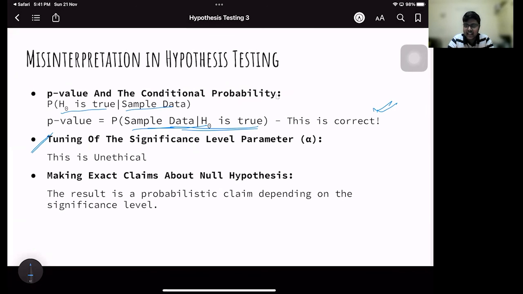Then, making exact claims about the null hypothesis. We can never say that the null hypothesis is true or false 100%, because hypothesis testing gives a probabilistic claim.